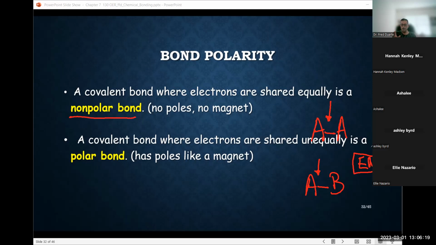Let's say, for example, that the EN of B was greater than A. What that means is that the electrons in this bond are being pulled toward B much more than A, resulting in more electron density around B. We show that by using this lowercase delta symbol with a negative charge, and we call that a partial charge.